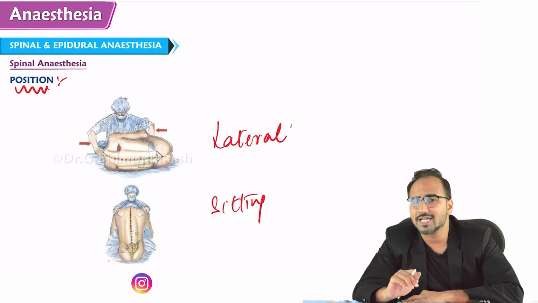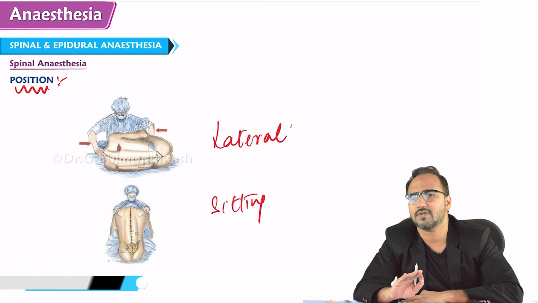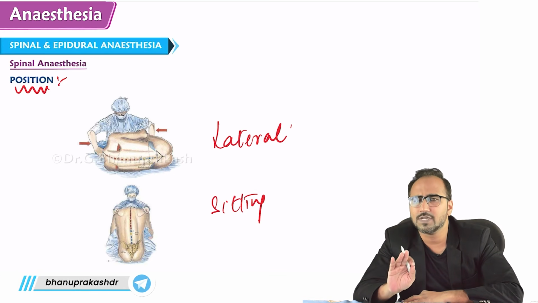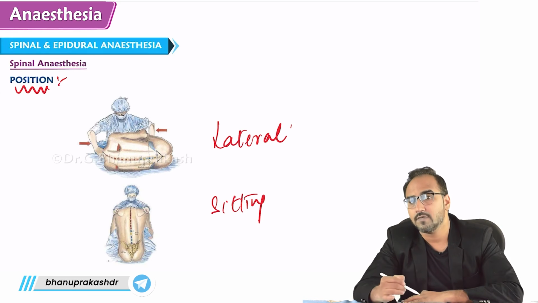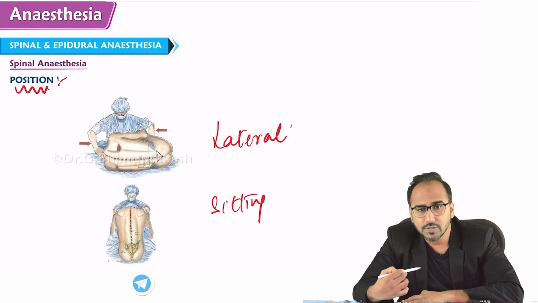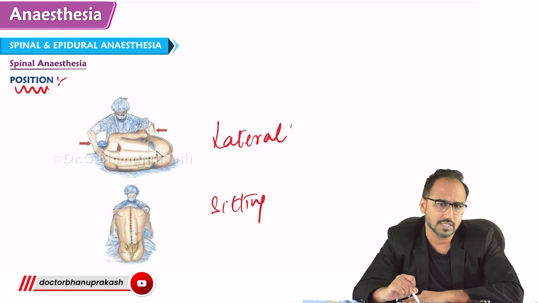So basically you have to give the drug in the CSF. In the CSF means you have to insert your needle in the intervertebral space. But which intervertebral space will you choose? Will you choose a cervical? Will you choose a thoracic? Or will you choose a lumbar intervertebral space? We will choose a lumbar intervertebral space.